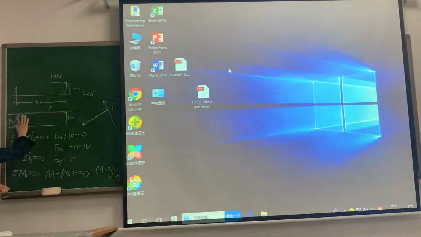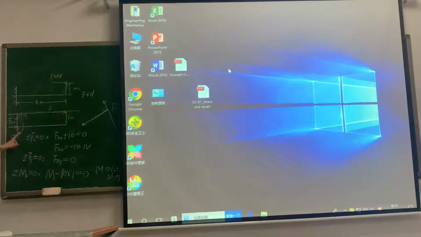You can assume the direction like this. Because before you solve the problem, actually you don't know the direction of the moment. So the direction is assumed. Understand?